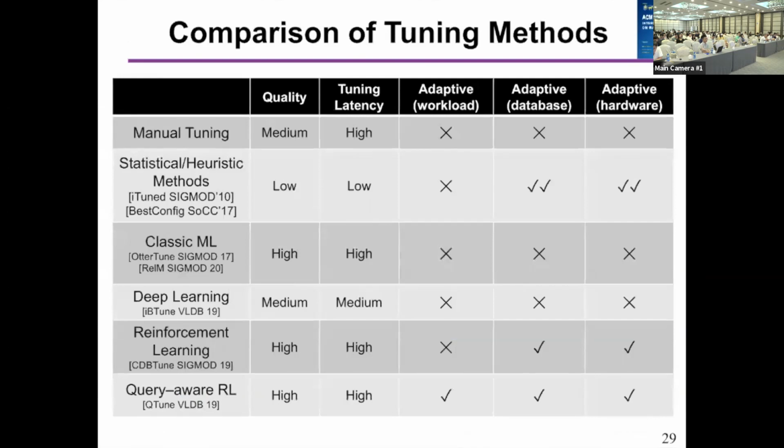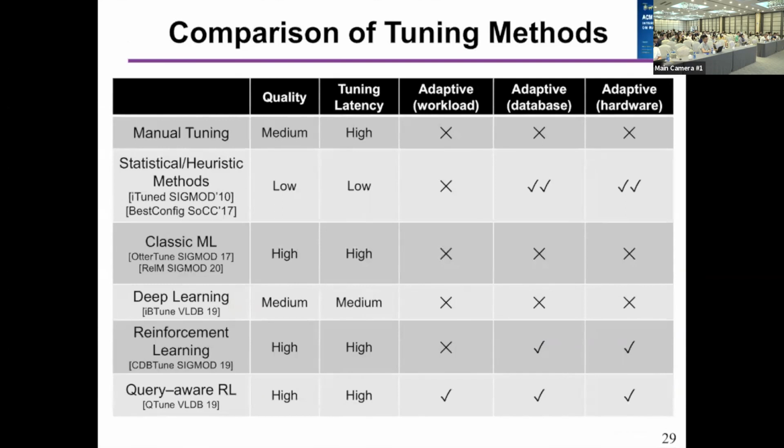Here is a comparison of different methods. We compare different methods in different rows, and each column is a different metric. For example, the tuning quality, tuning latency, workload adaptivity, database adaptivity, and hardware adaptivity.